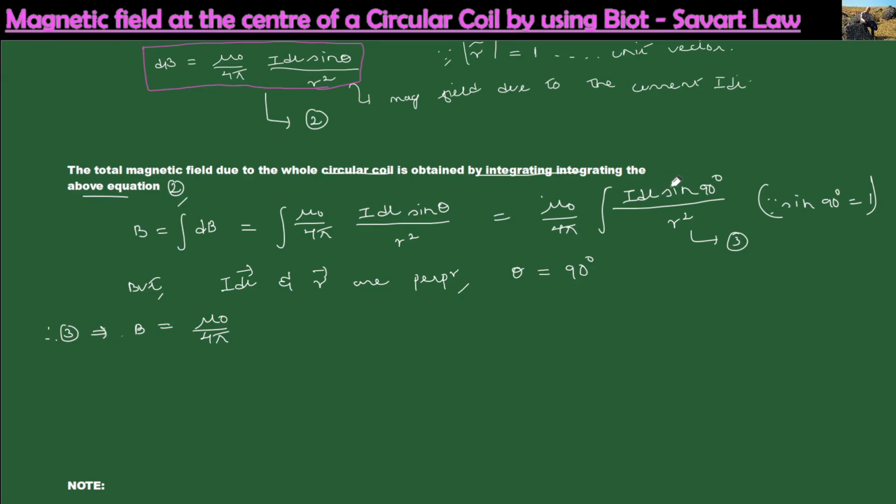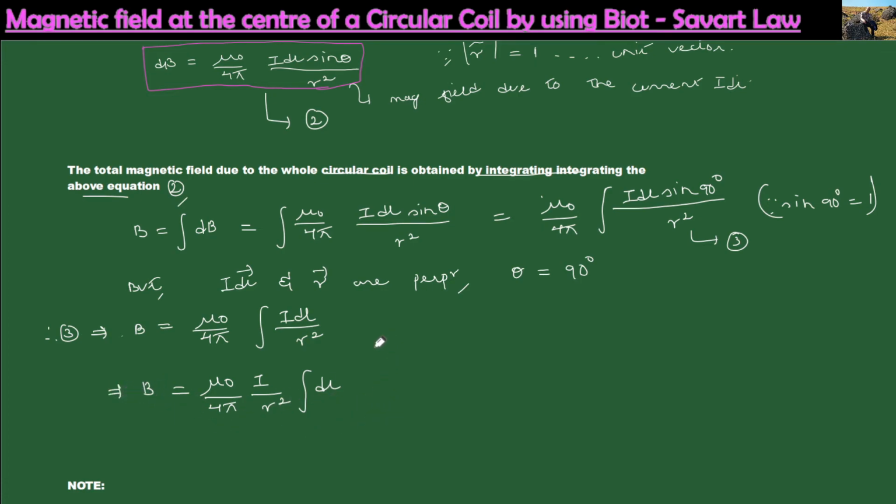So from here, we have a simple equation of I dl divided by r square. The current passing through that coil is steady, so we can take the current term I outside of the integral, and r square also outside. We are left only with integration over dl. This is our B.